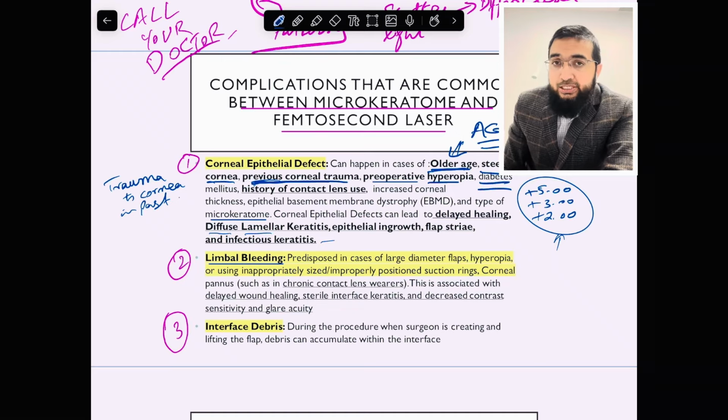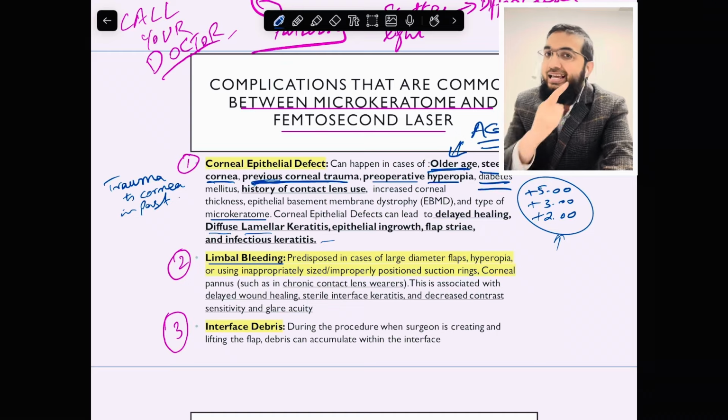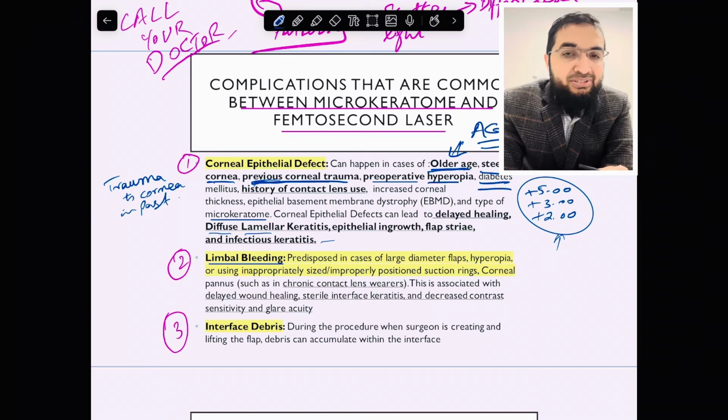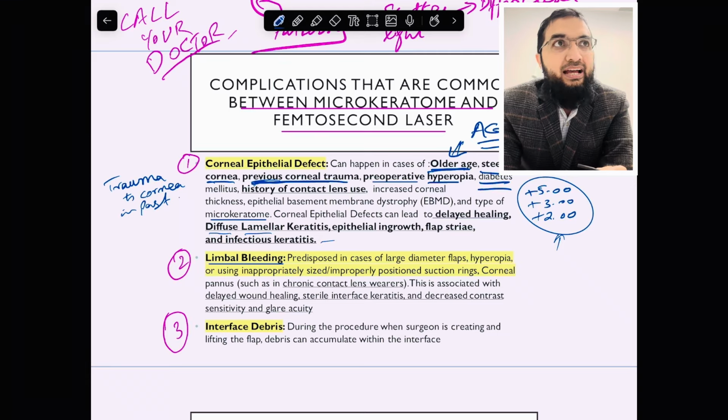Diabetics are also predisposed. All of these things, if you look at my previous video, you will see that I have spoken about these in my selection criteria and contraindications. That's why these are causing problems, because some surgeons do the surgery regardless of diabetic status and so on, and I don't like that. That's my understanding, that's my take on that.